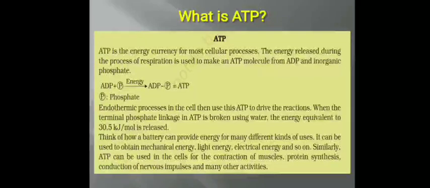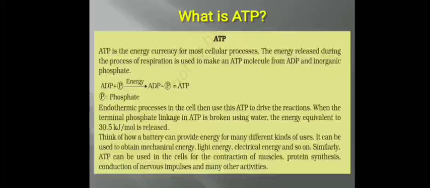When the terminal phosphate linkage in ATP is broken using water, the energy equivalent to 30.5 kilojoule per mole is released. Now, in the NCERT, there is a sentence written, a fixed amount of energy is produced, right? So that fixed amount is written here as 30.5 kilojoule per mole. Well, connection with NCERT is important for you to keep your concept very clear.